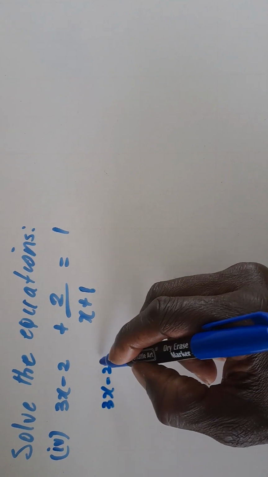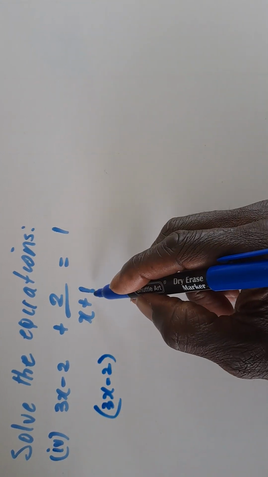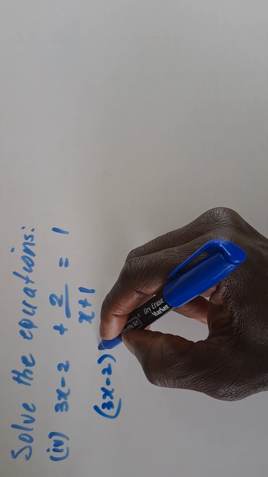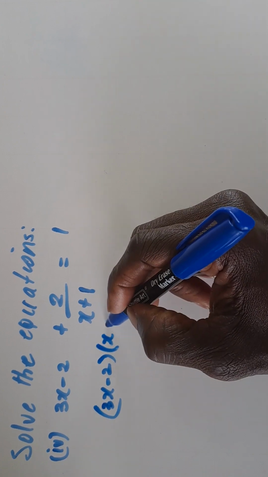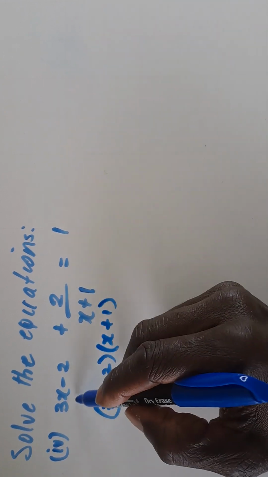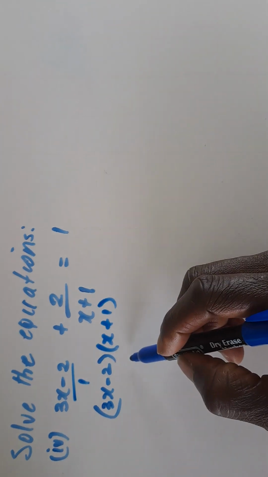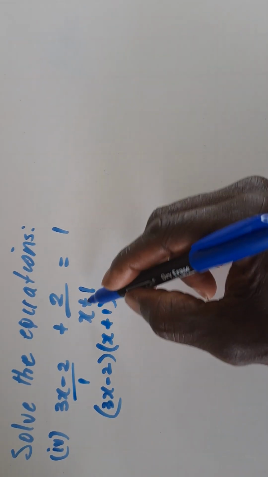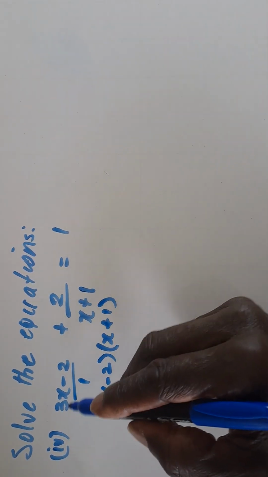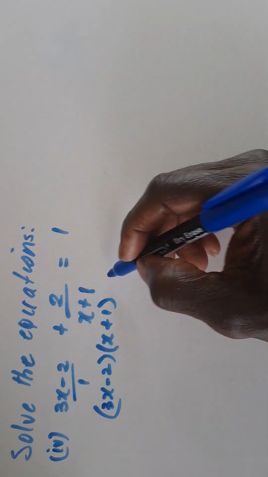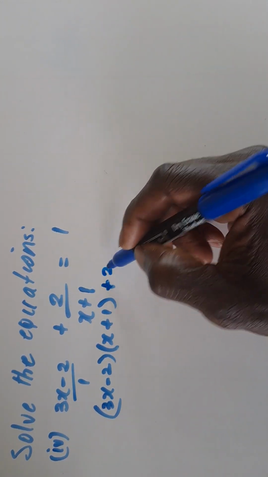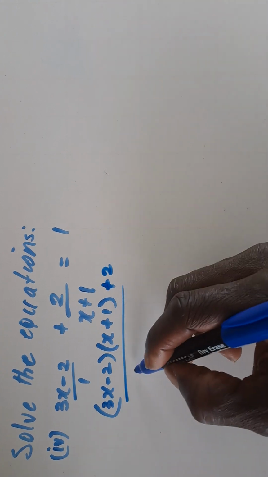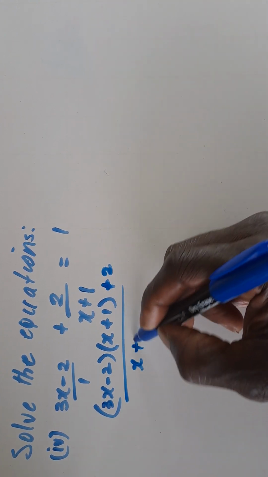3x minus 2. We'll have a common denominator of x plus 1. So we have x plus 1. Remember, this is over 1, so it's 2 times 1, which is 2. So this times this added to 2 times 1, which is 2, over x plus 1.